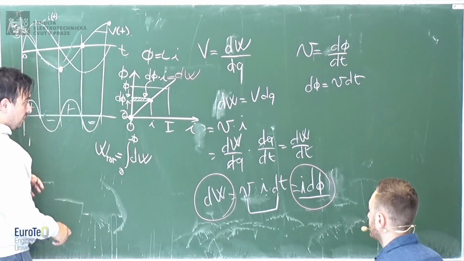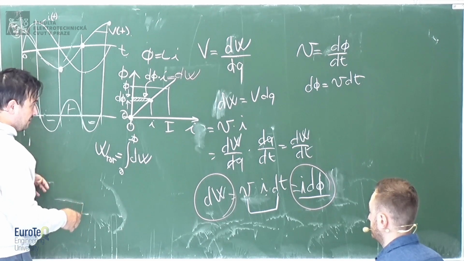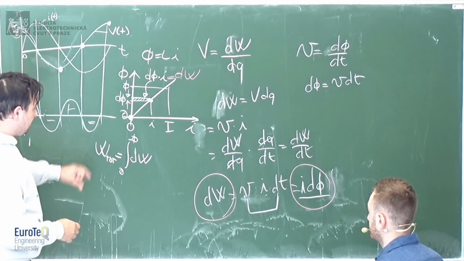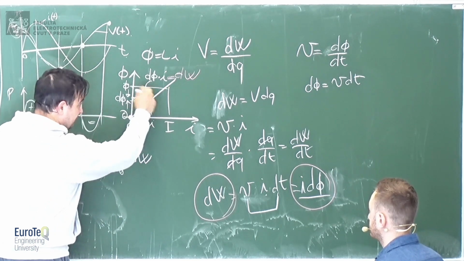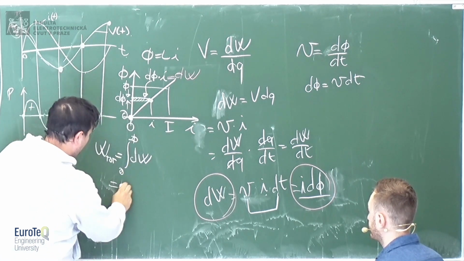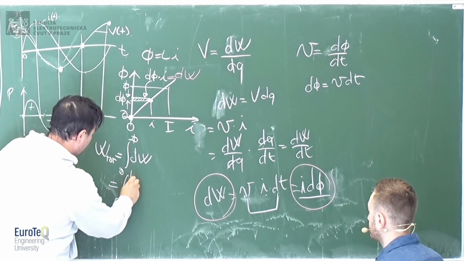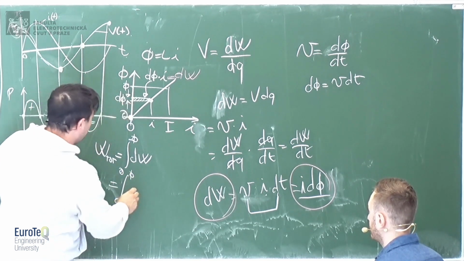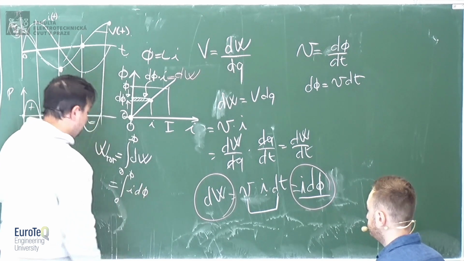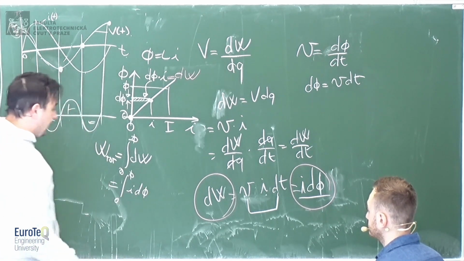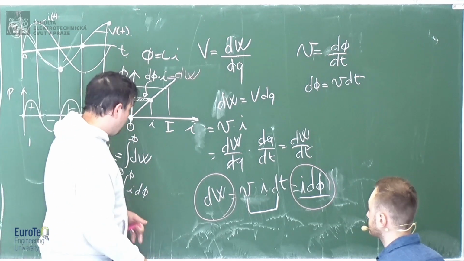That is the elementary work that you make in this journey from point to point. So all these little slices will be the integral from 0 to phi of I d phi. And then you calculate it the same way that you did before.